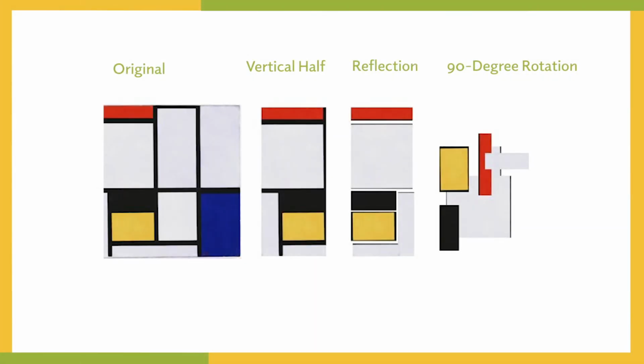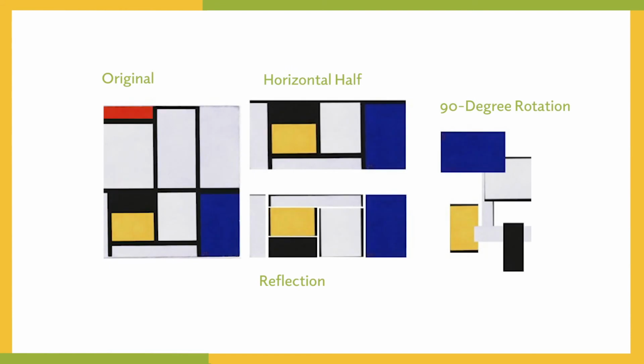Now you can take those shapes, keeping the reflection and the rotation, and move the shapes around to create your own collage. This is my artistic representation of a vertical reflection and a 90-degree rotation of Mondrian's Composition number 3. This is the horizontal reflection and the 90-degree rotation.